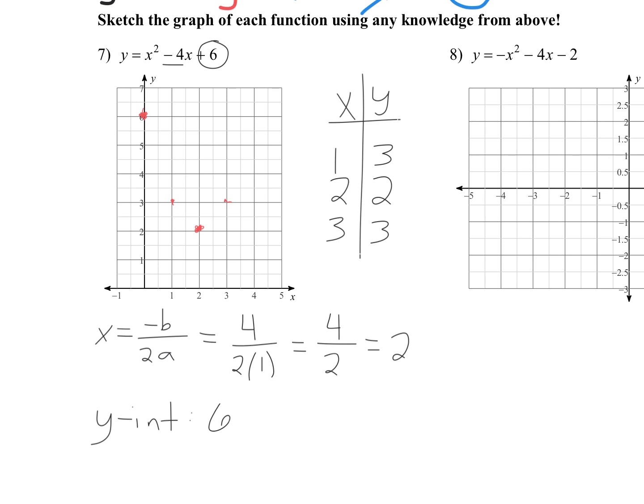And then what other point can I automatically fill in? Yep, that 4, 6. If I have my axis of symmetry right here, it should be a perfect mirror image. And then last step, draw your parabola. Better than mine. Okay? Nice job with those. Any questions before I let you do the rest?